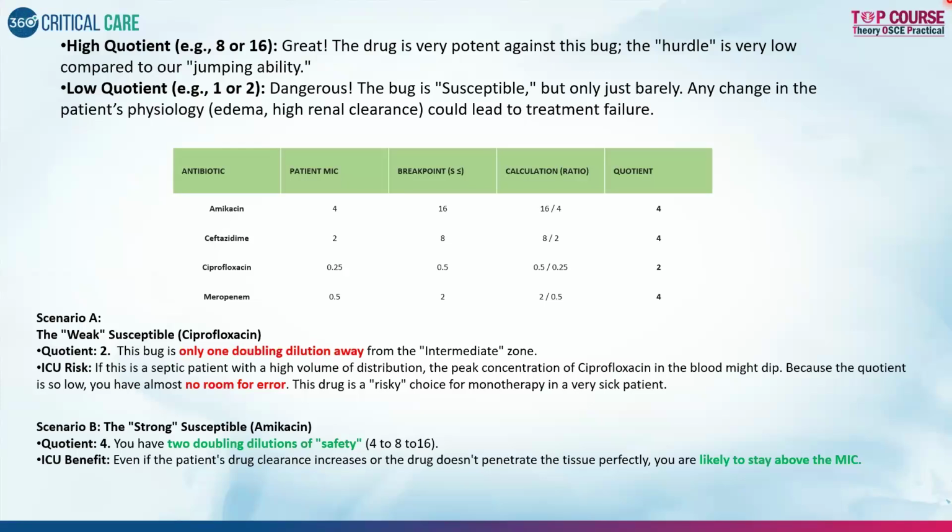Correct. Whenever you have something similar, like here, whenever you have three things coming to the same level, at that particular time you have to look at the site of infection and the clinical status, and that is how you can choose the antibiotic. So it's not one thing alone. There is a possibility that you will get the same quotient for multiple antibiotics as well. That's a very good question.